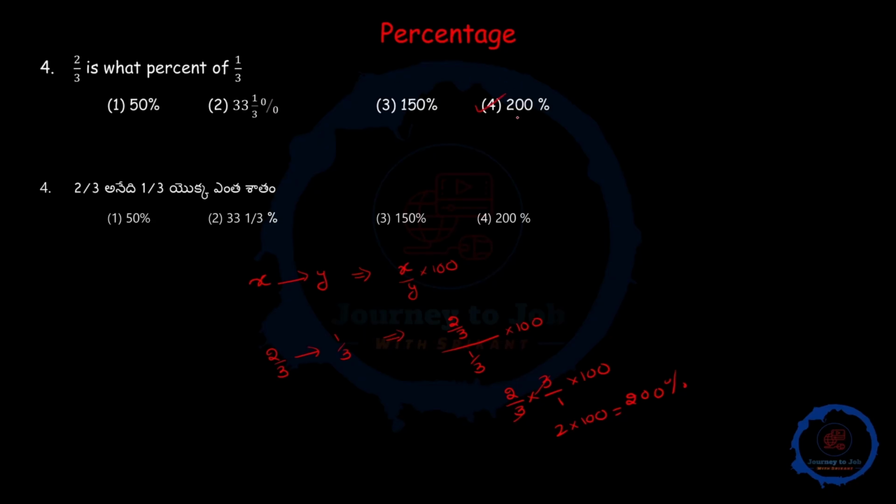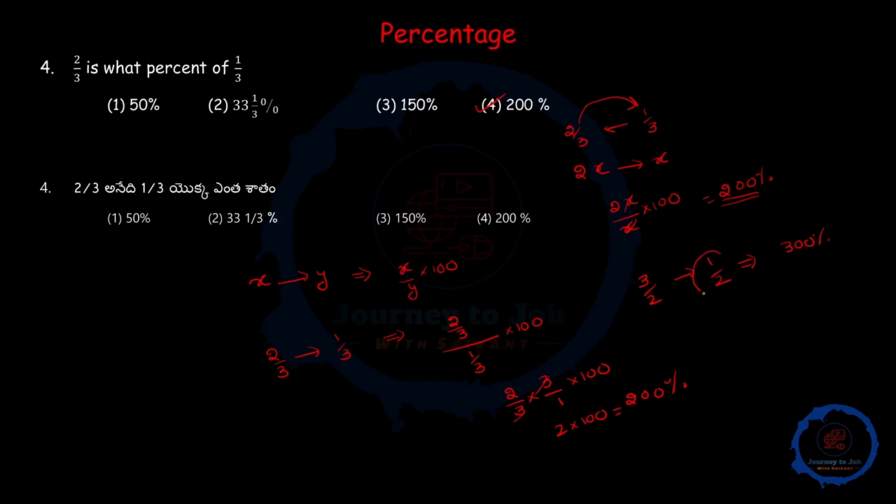Now similarly we can express this question like this. Suppose 2x is what percent of x, means 2x by x into 100, x gets cancelled, we will get 200%. Similarly if x is 1/3 here, 2x will become 2/3. So 2/3 is what percent of 1/3, same answer. And suppose 3/2 is what percent of 1/2, this answer is 300%.